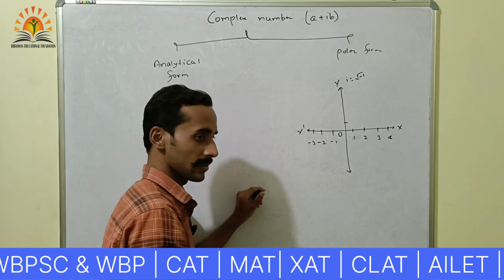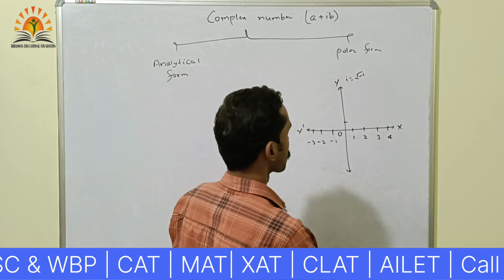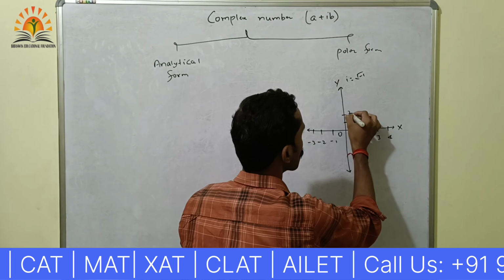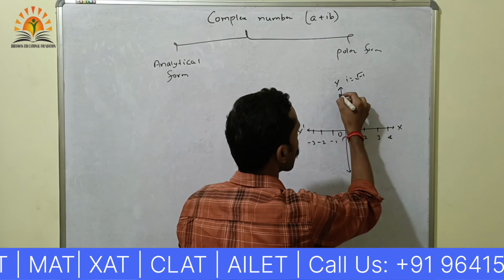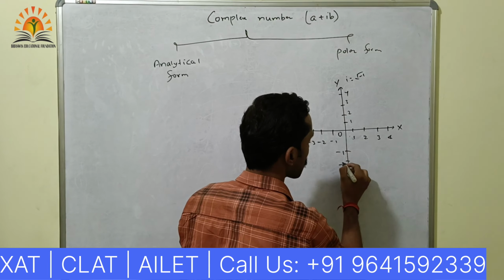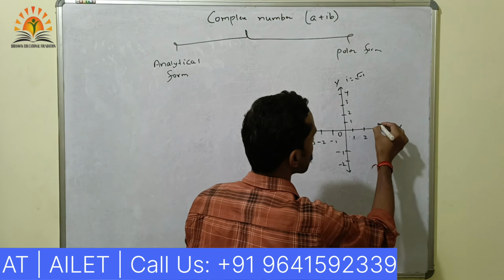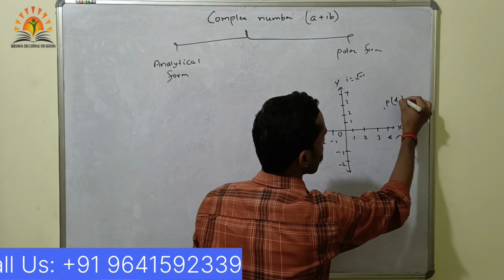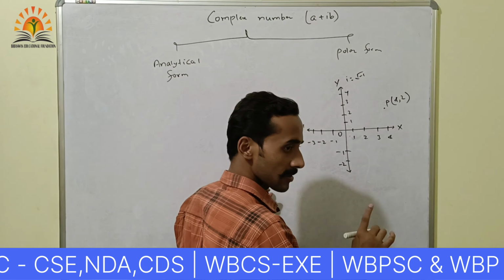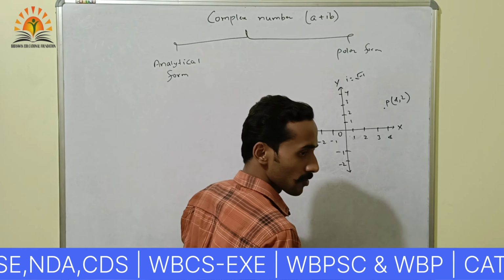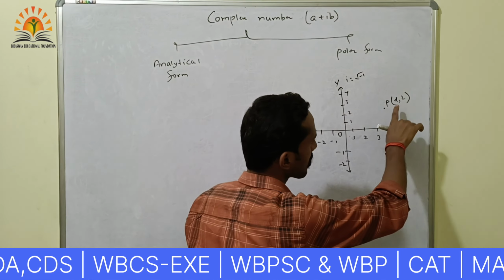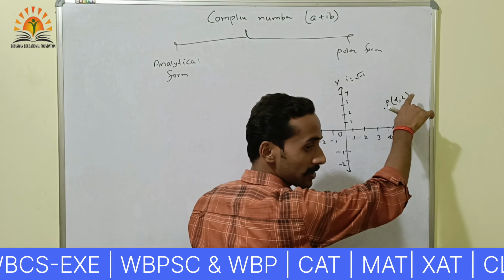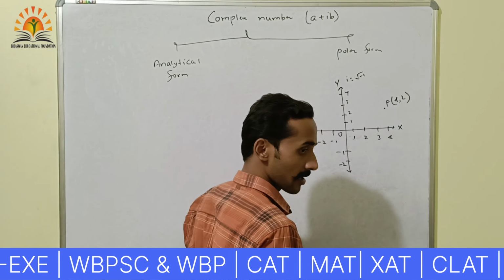I have already told you about iota in our introductory class. And this part 1, 2, 3, 4, -1, -2. If I put a point here, that is 4, 2. This is P, 4 and 2: x-axis is 4, y-axis is 2. Always remember to place the x-axis value first and the y-axis value second. Understood?